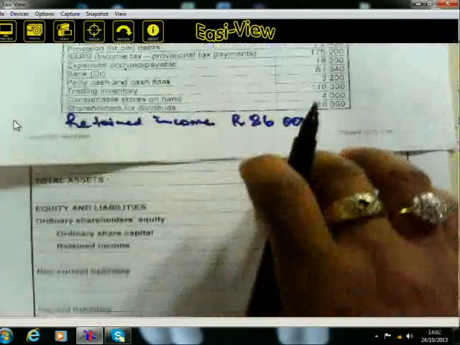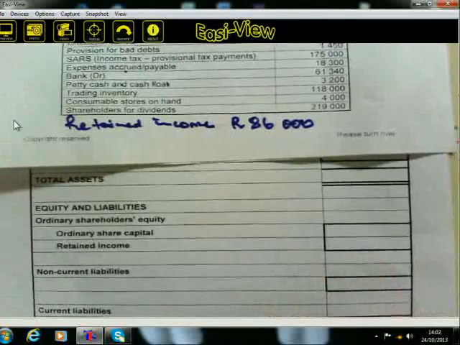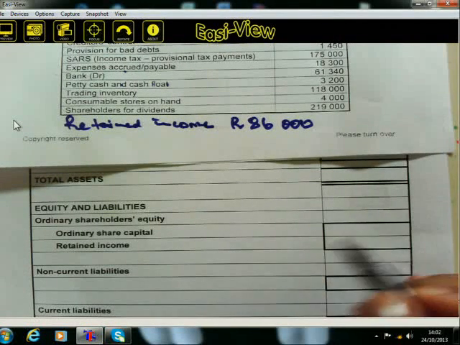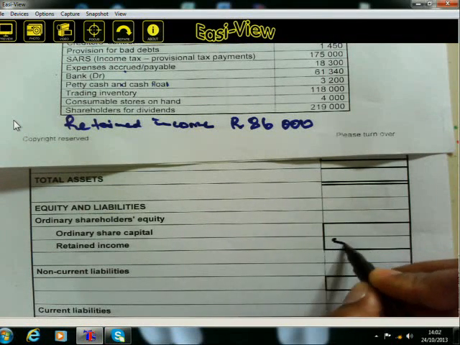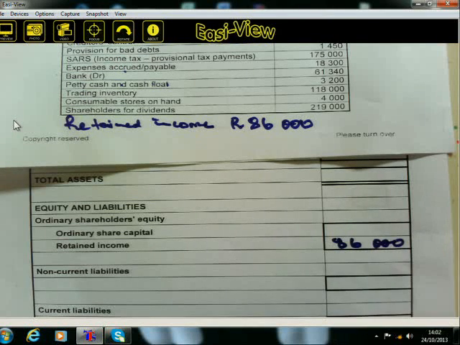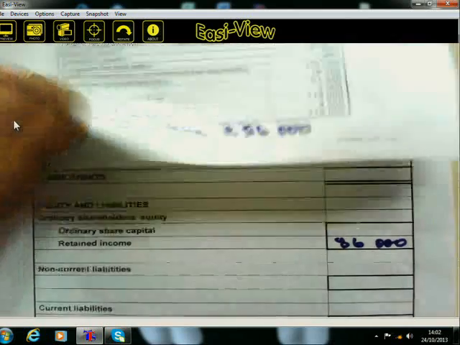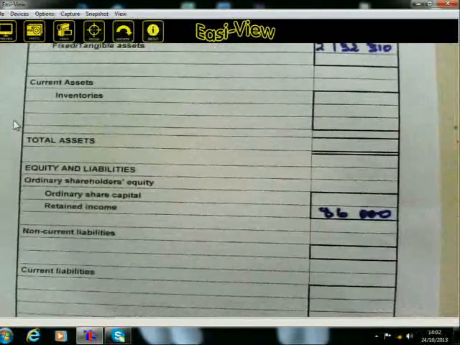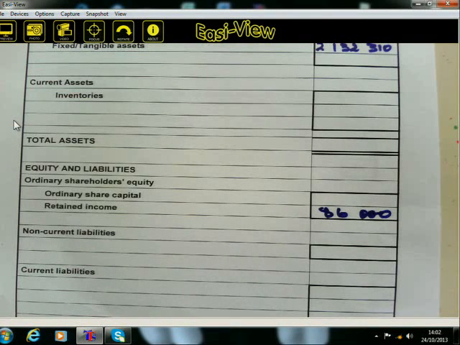I said the retained income under equity and liabilities. The retained income is 86,000 rand. So this is given because actually they're supposed to originate from the notes of a fixed asset or tangible asset and the notes of retained income. Now we proceed.